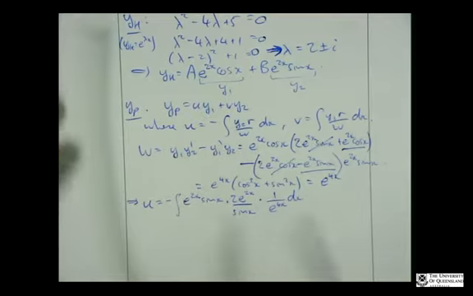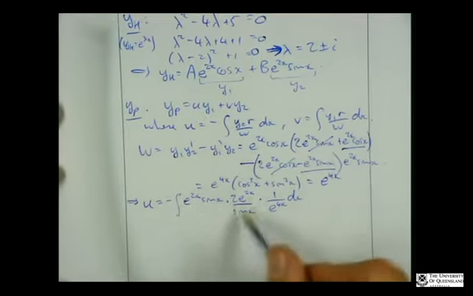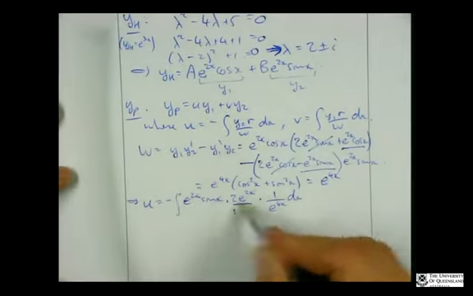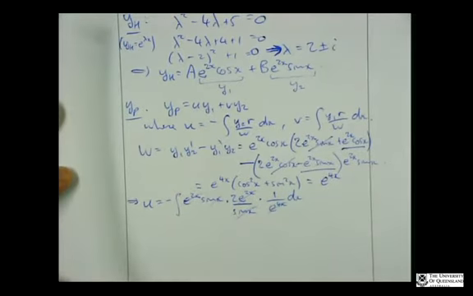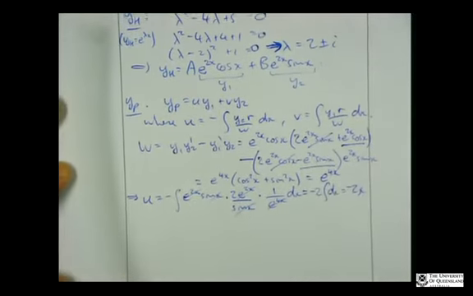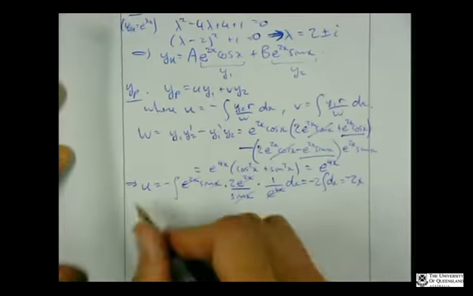Oh, look at this. Look what happens in this example. The sine terms cancel, all the exponential terms cancel, and we're just left with integrating -2. So that's just -2x.